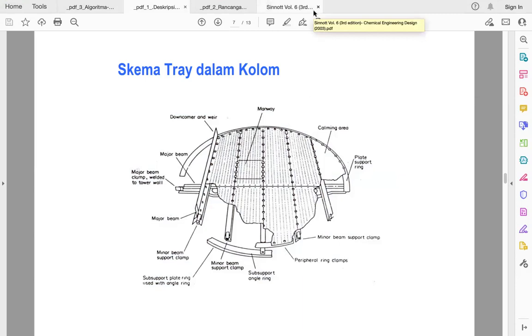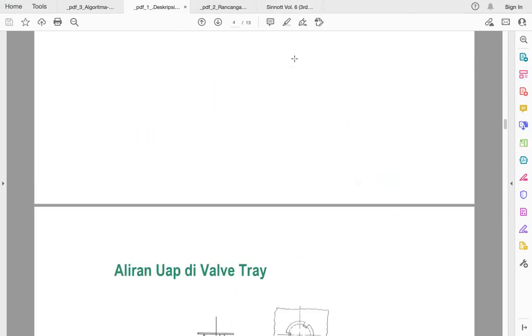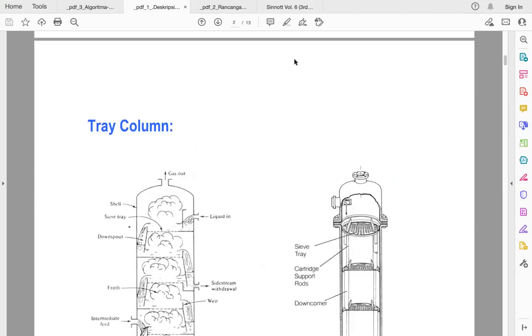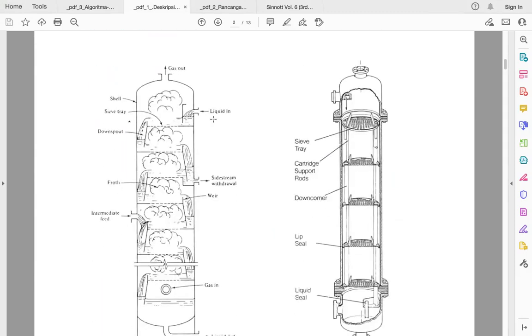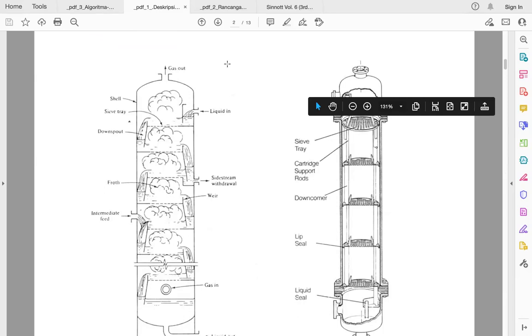So when we design, we also have to think about the aesthetics of the tray. So don't design a tray that is fat and short. For example, this is my design with a diameter of 3 meters and a height of 6 meters.